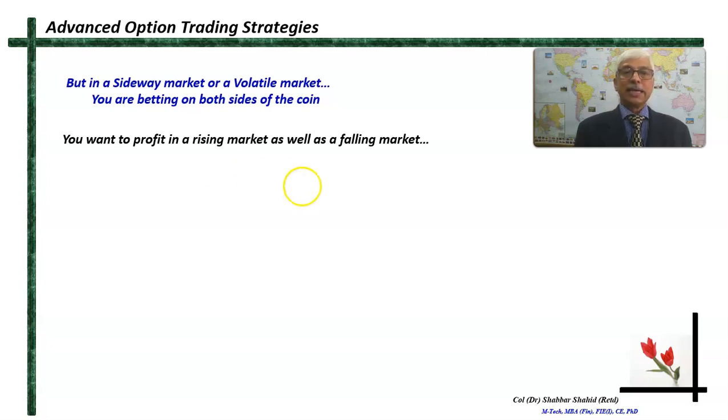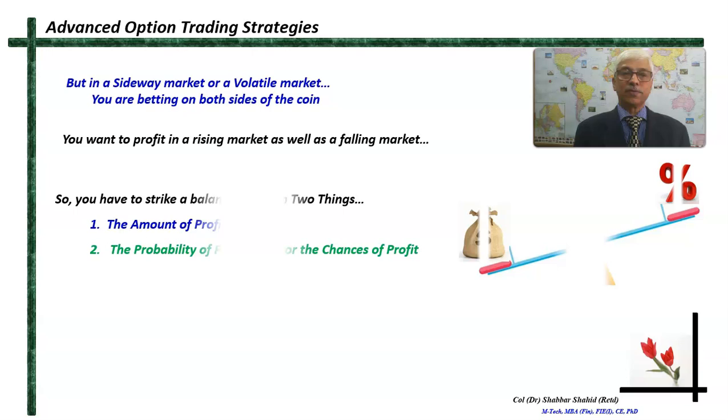Alright. Whether the market is rising or falling, as a trader, you make an attempt to profit in both of them. So in such cases, you have to strike a balance between two things. You see, you can't have cake in both your hands. You have to strike a balance.